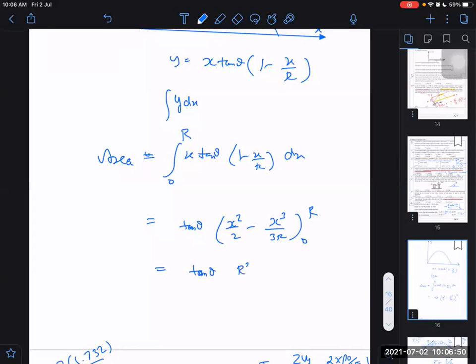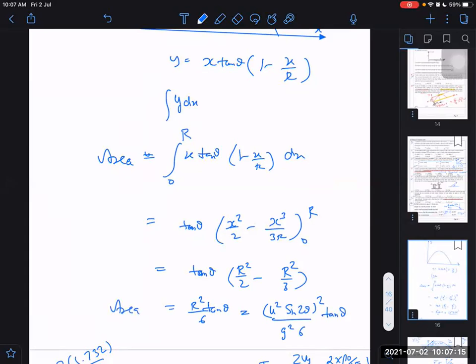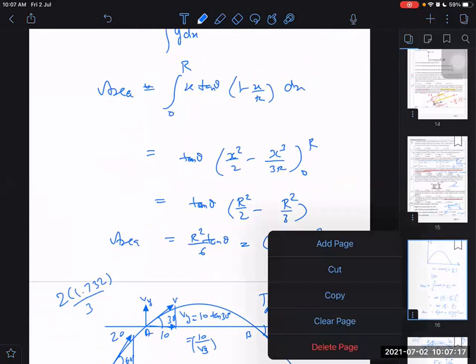Tan theta into r square by 2 minus r square by 3. Tan theta into r square by 6. What is our formula? Our formula is u square sin 2 theta whole square by g square into 6 into tan theta. This is area. When will it be maximum?